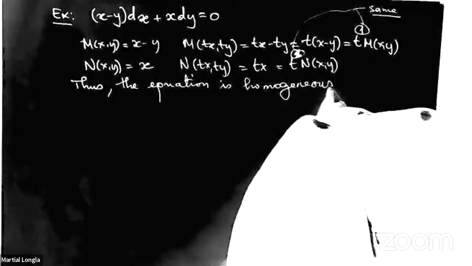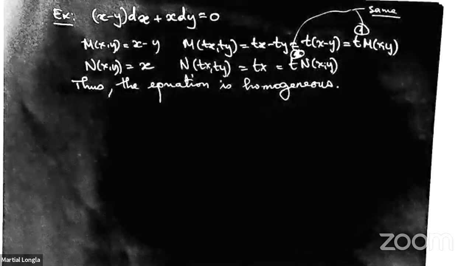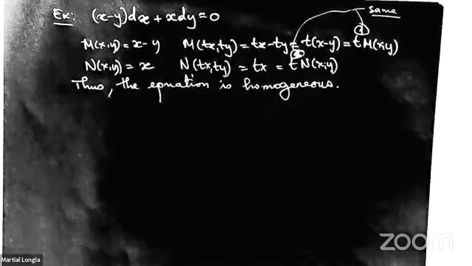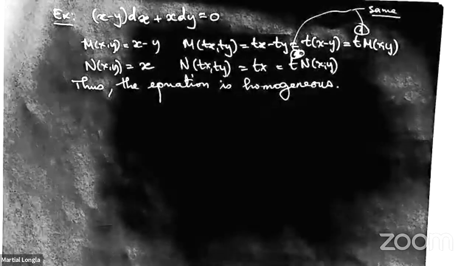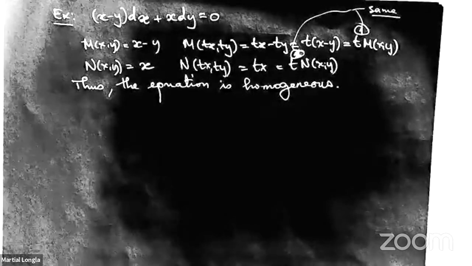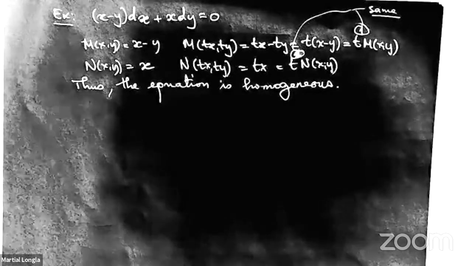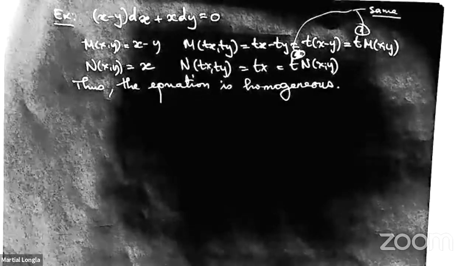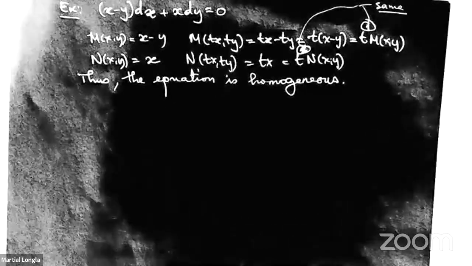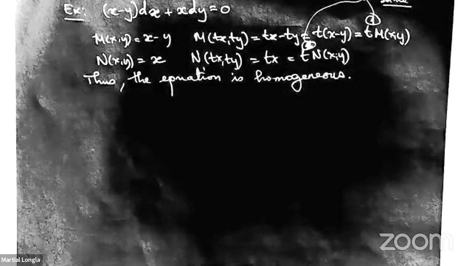Now, once you establish that the equation is homogeneous, it's not over, because we're actually not interested in you telling us that the equation is homogeneous. We're interested in you solving it. So the question is, how do you solve it? Today's lecture is about a method for solving such equations when it is already established that the equation is homogeneous.